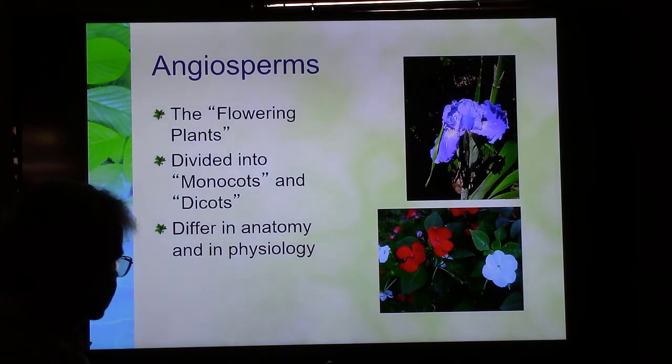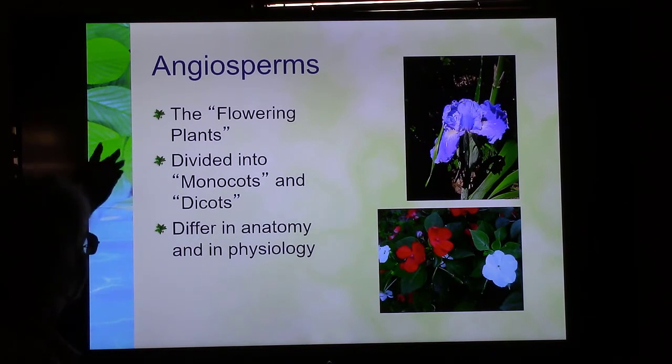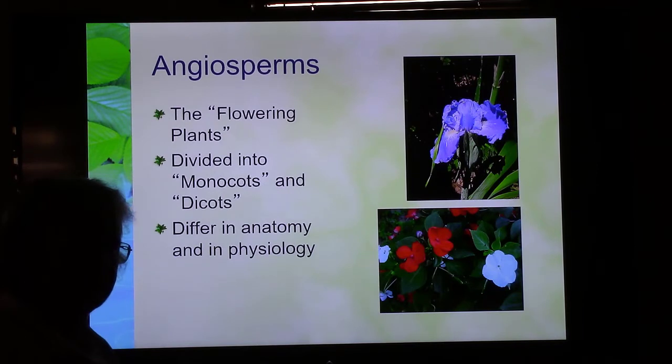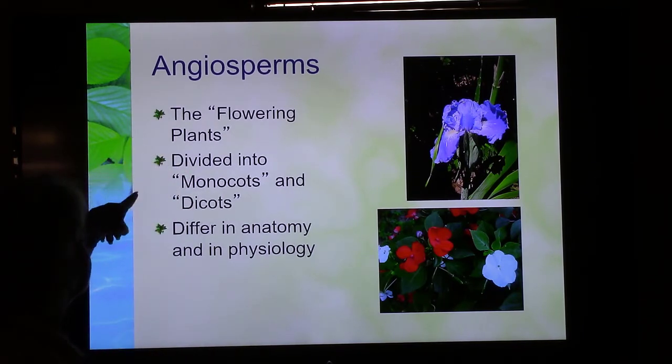Most of the time as gardeners, we're dealing with a group called angiosperms. Gymnosperms are naked seed. Angiosperms are protected seeds. And we love them because they make flowers. The angiosperms are the flowering plants. If it's got a flower that you can recognize, it's in this group called angiosperms.